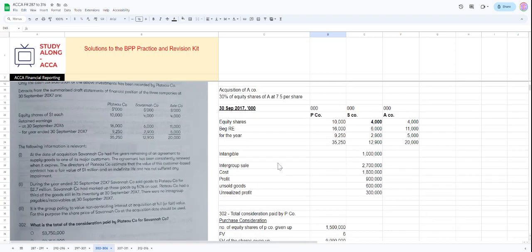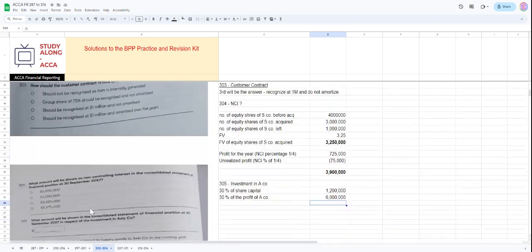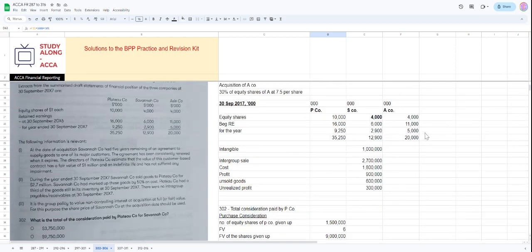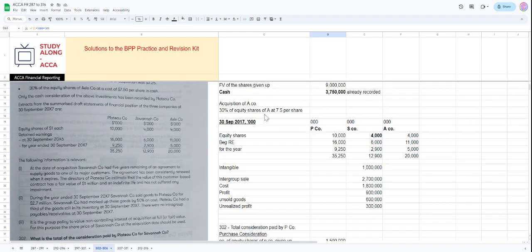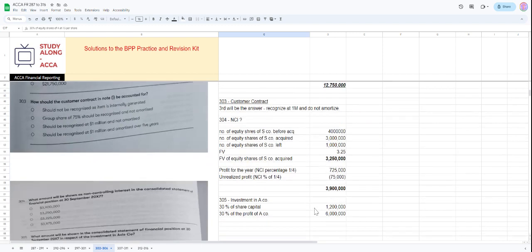We are doing question number 305. What amount will be shown? So we have taken this, but this is actually number of shares. That's what is confusing a little bit here. We have acquired 7.5%. So we have calculated the number of shares here. We also need to multiply it by the amount per share that we have acquired. So 9 million will be that.